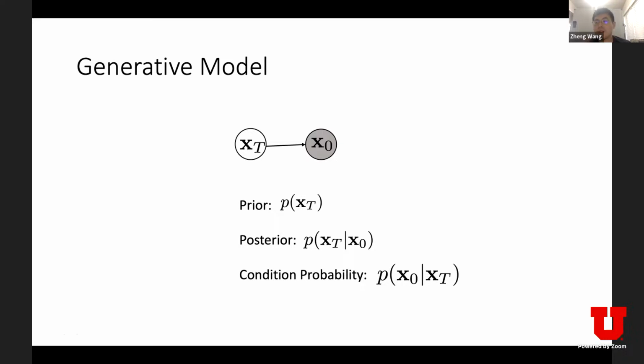Because the intuition of the denoising diffusion probability model is kind of an inverse process, that could be really confusing if we didn't clarify the simple generative model first.